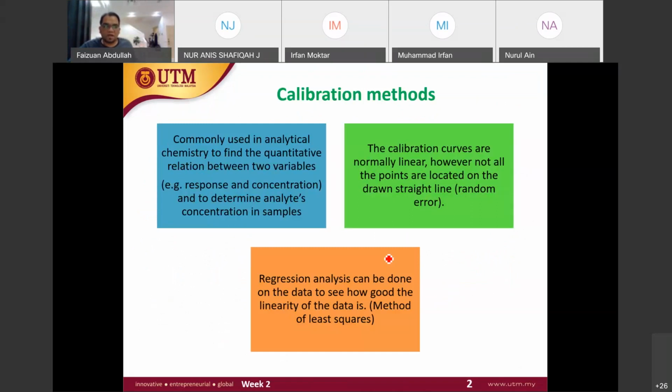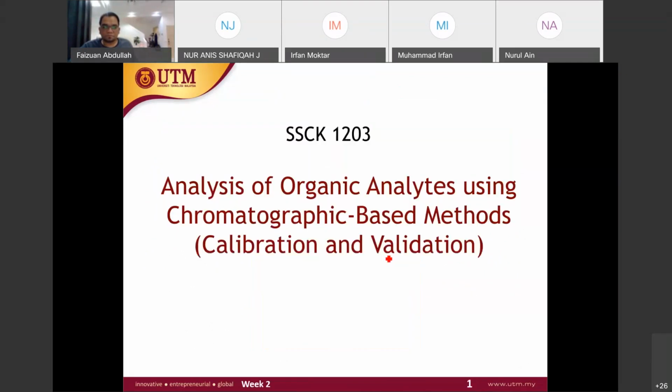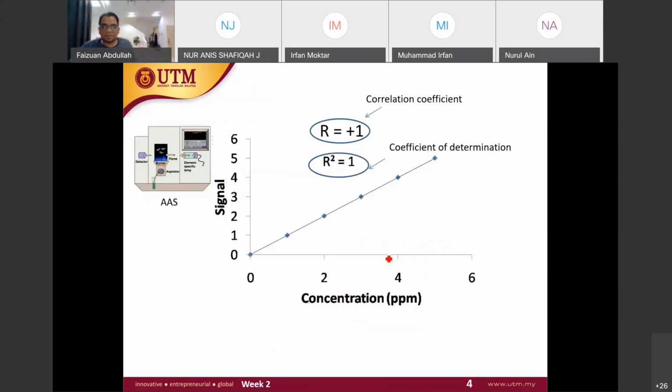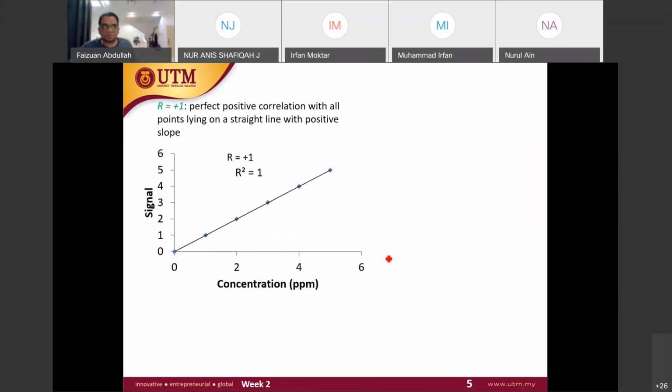And then for this one, we have one more type of the standard for the calibration. Okay, for spectroscopy, only the external calibration and also internal calibration.